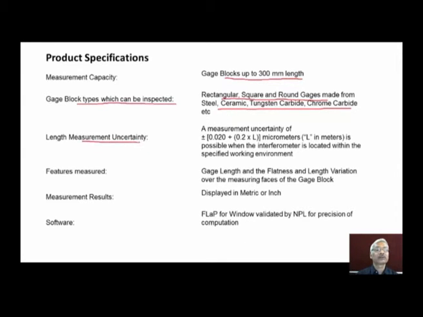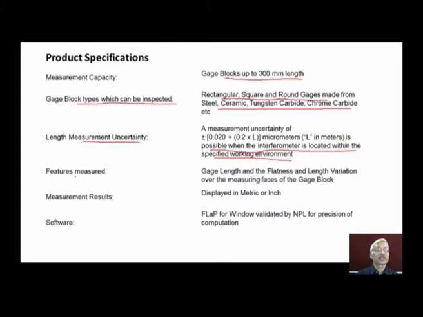Length measurement uncertainty is like this: plus or minus 0.02 plus 0.2 times L micrometers, where L is in meters. Such an uncertainty is possible when the interferometer is located within the specified working environment.